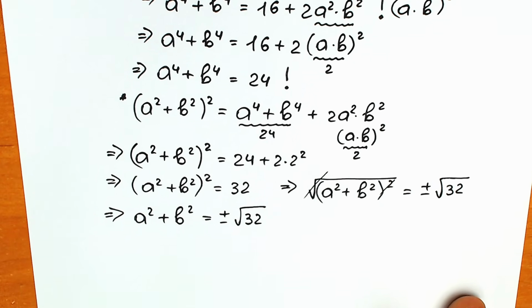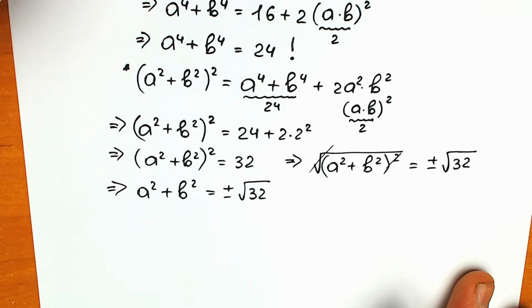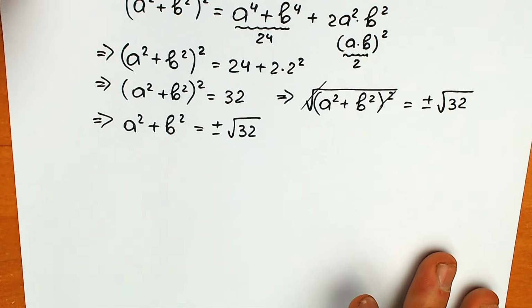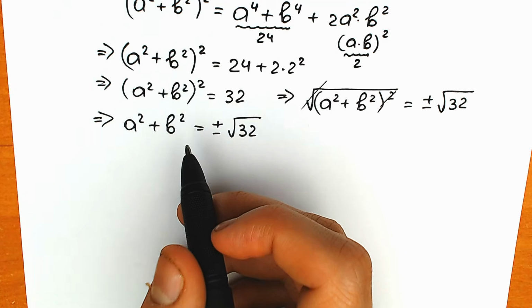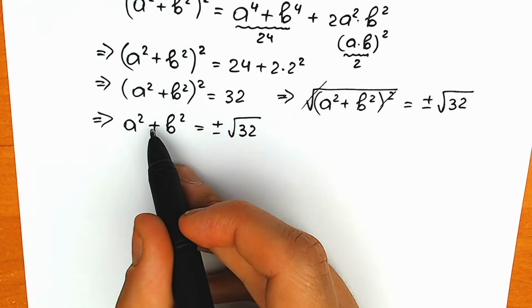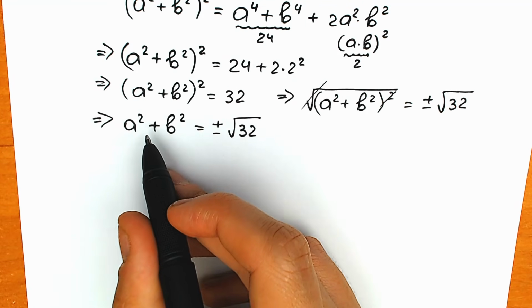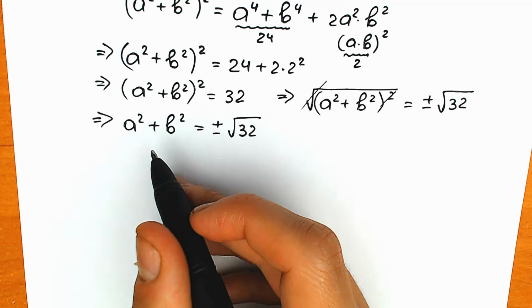And right now, a few thoughts about this expression, plus minus square root of 32, because on the left side we have a square plus b square. So this is our sum of two squares. So we have a square.